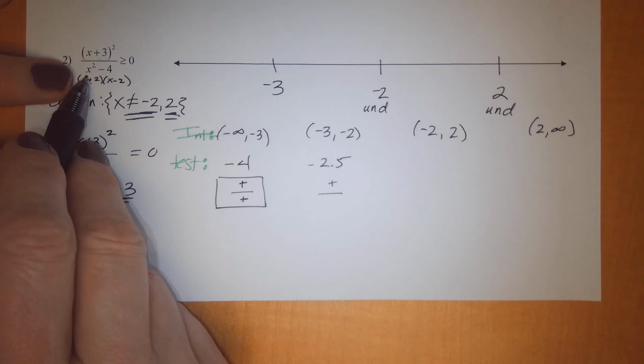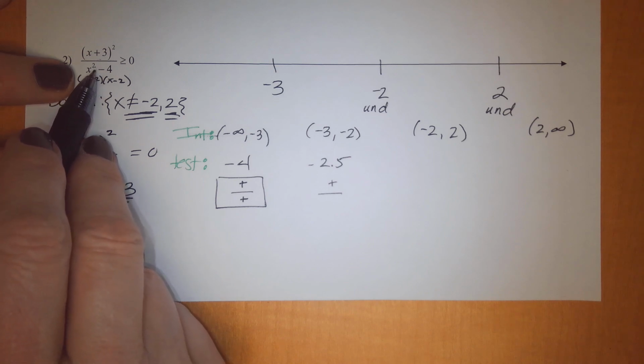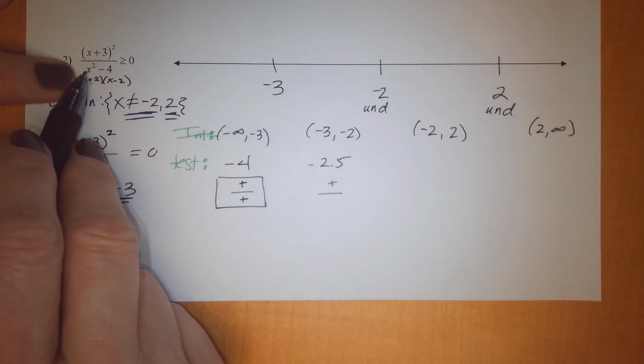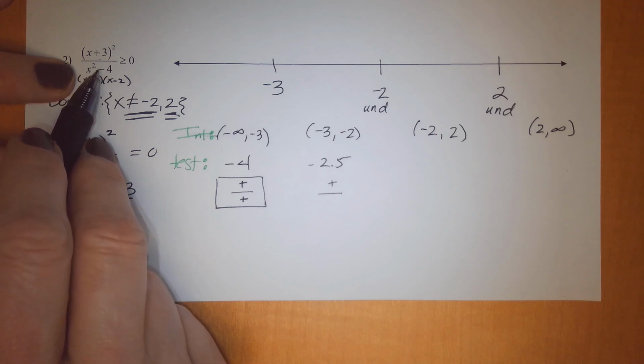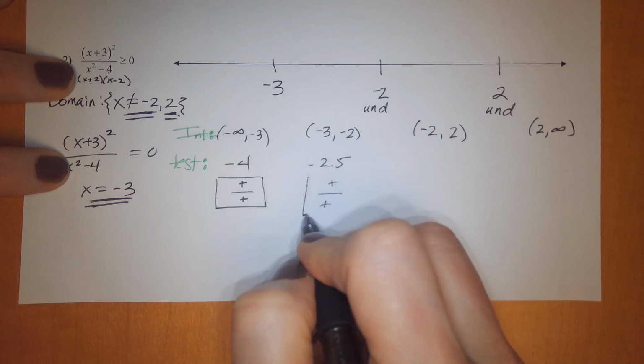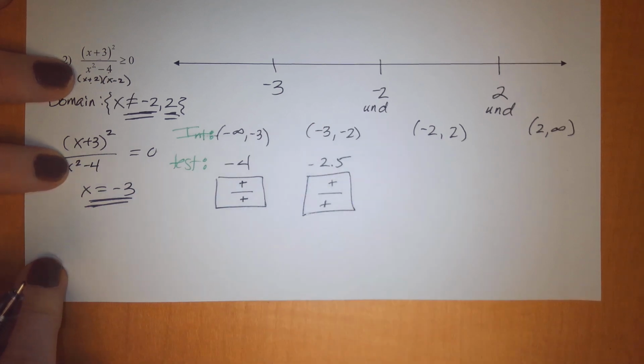When I put in negative 2.5 down here and square that, I get a number roughly between 4 and 9, something around 6 or 7. And then when I subtract 4, I get a positive number. So this will also be part of my solution.